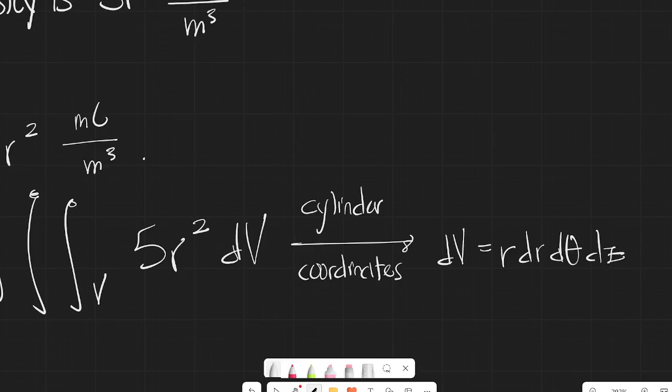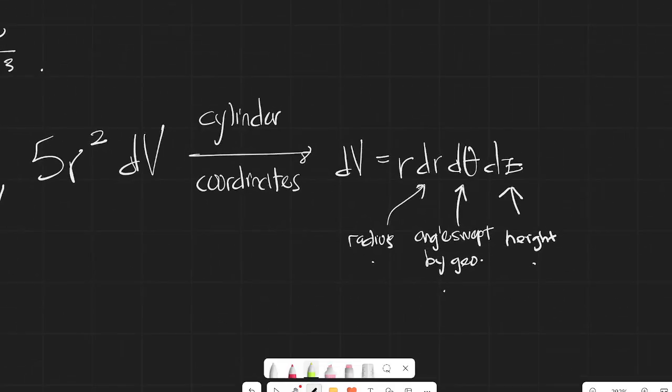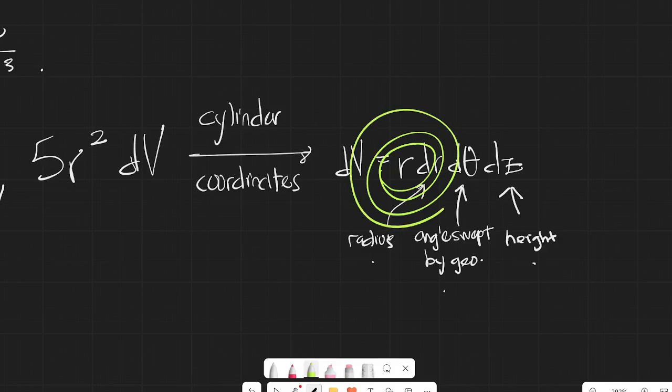The z is the height of the cylinder, theta is the angle swept out by the geometry, and r, obviously, is the radius. These are the differentials, and then we have this extra factor of r. Do not forget that. It's a very common mistake, and I actually made that mistake before, so do not forget this r.